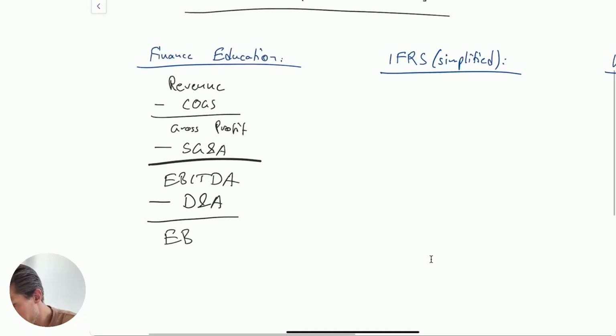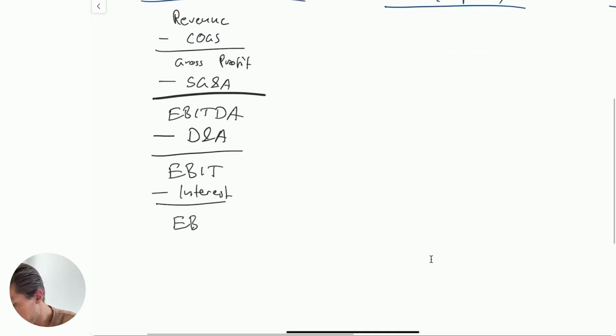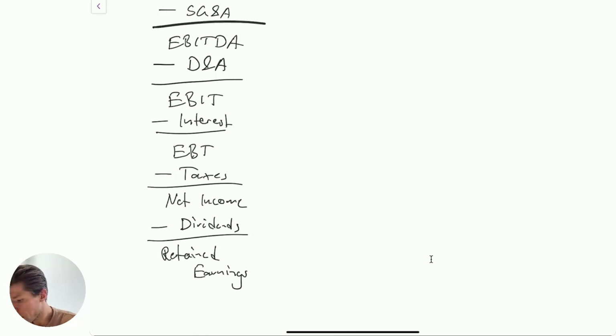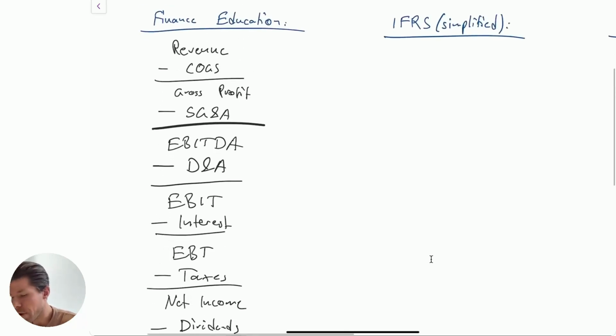Then you have EBIT, then your interest, then you have earnings before taxes minus taxes. Then you have net income minus dividends. And then you have retained earnings.